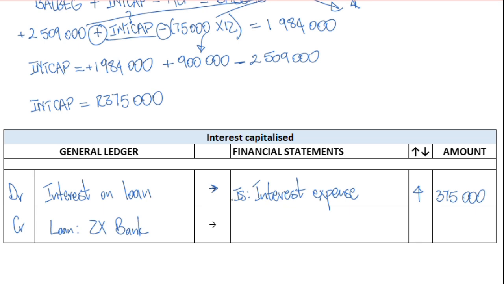The loan ZX bank account is aggregated to the mortgage loan line item in the balance sheet under non-current liabilities. So we will increase that line item by 375,000 rands to show that the interest has been capitalized to the balance of the loan.